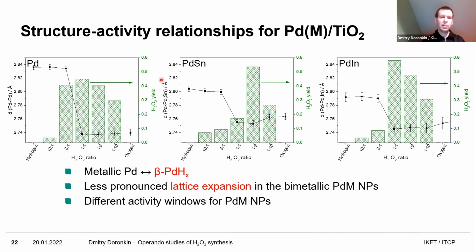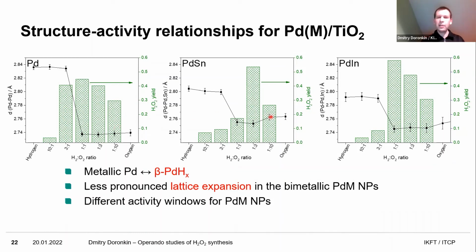That's the yield shown here, and that's the state of beta palladium hydride. It is also active with oxidizing conditions, even a high excess of oxygen, and that's the metallic state.